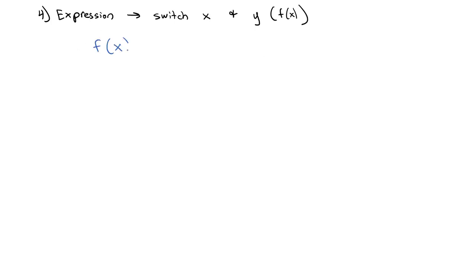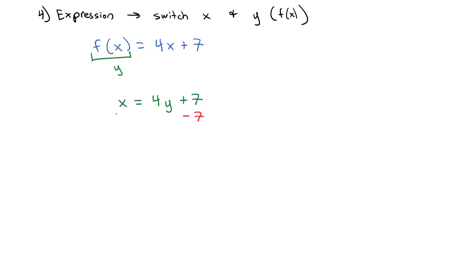If we have f of x equals 4x plus 7, well, the f of x is really functioning as the y. And so what we're going to do is switch x's and y's. So the y is going to become an x equals 4. The x becomes a y plus 7. And this gives us our inverse function that we can solve for y.